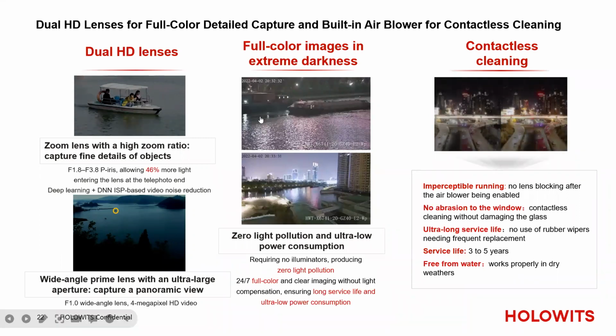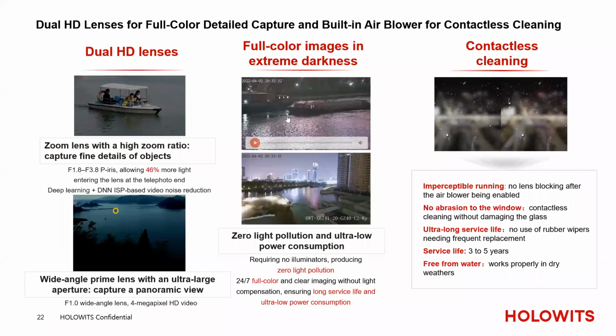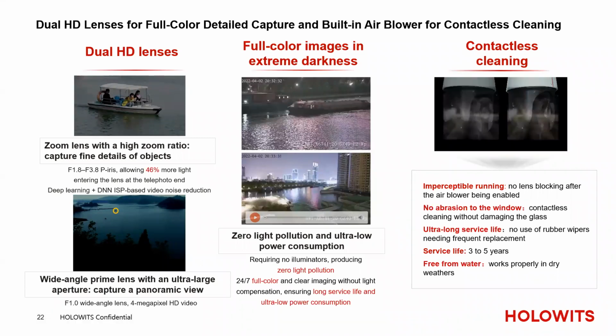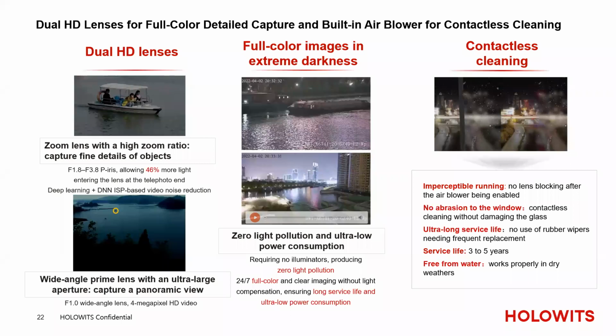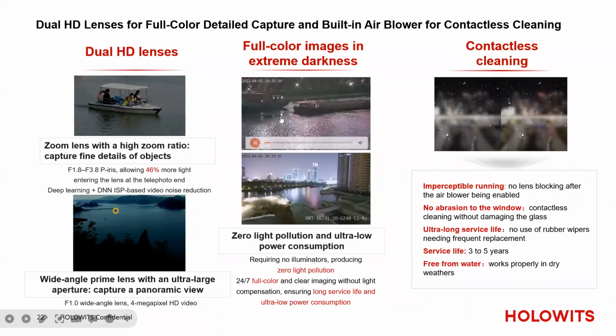The second is about full color images in extreme darkness. It doesn't require an illuminator and produces zero light pollution, ensuring long service life and ultra low power consumption. This is the zoom lens image.